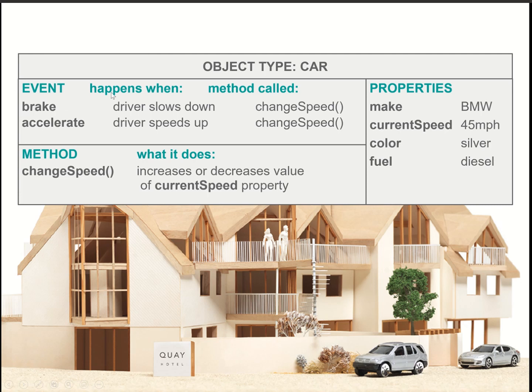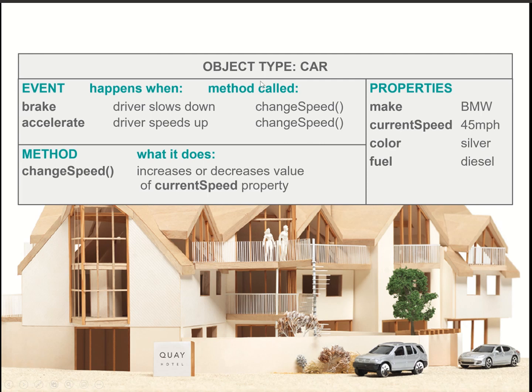If we brake, that means we want to slow down. The method called will be change speed. And when accelerating, the driver wants to speed up, it will also call change speed, because that's the resulting outcome.